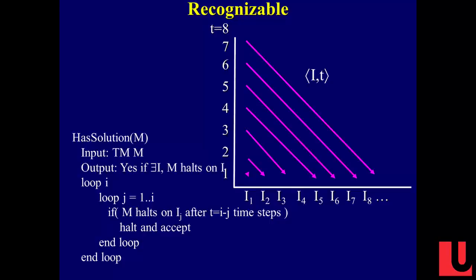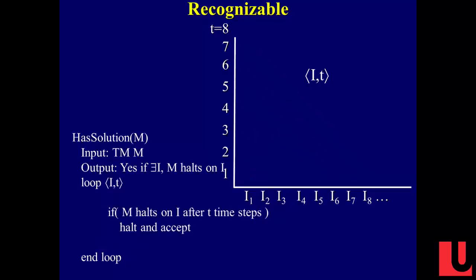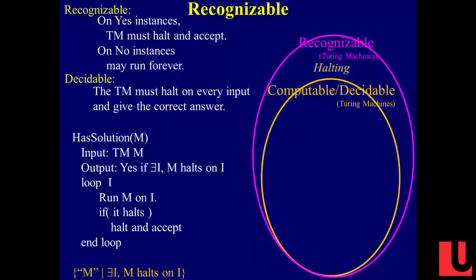In that loop that we had before we came up with this T time step idea, wasn't that still recognizable? Because at one point it might not halt, but it also might run forever. Isn't that still considered recognizable? No, the first one's a bad algorithm, because if M halts on the first input, then it will halt.